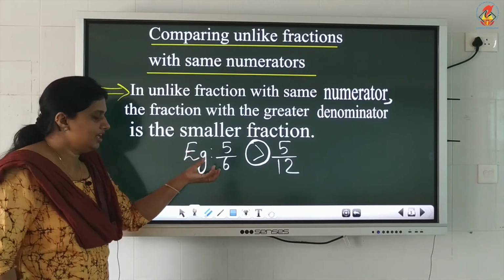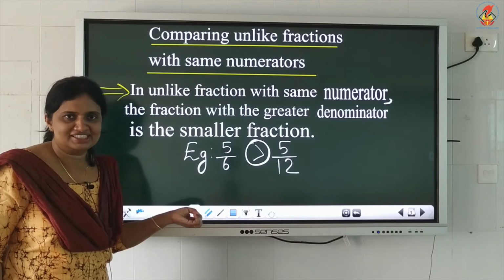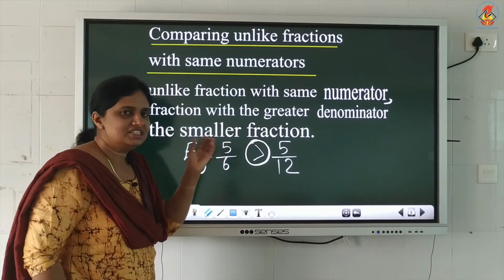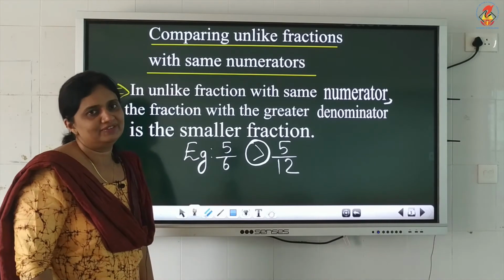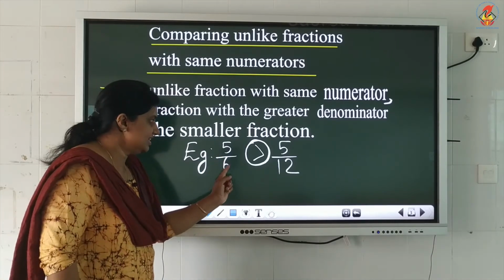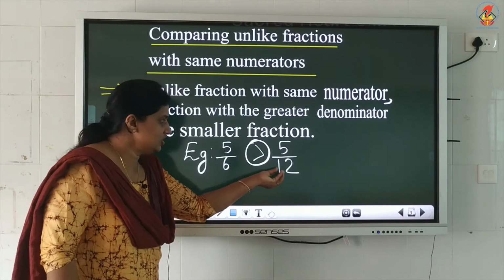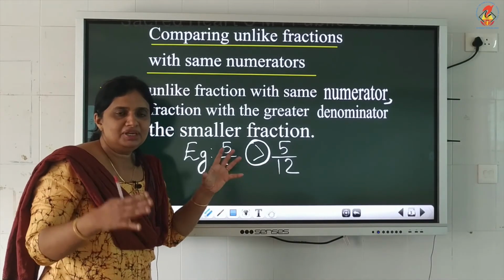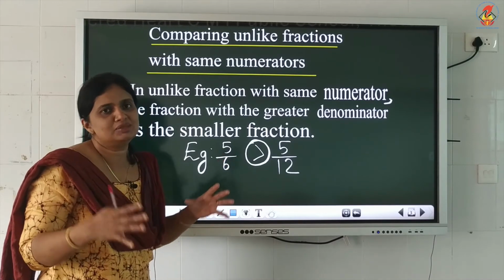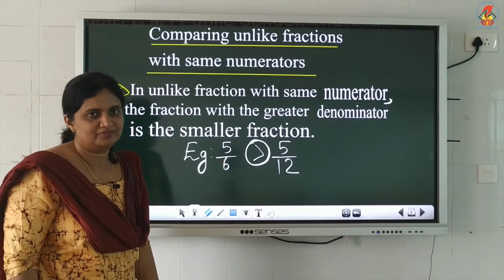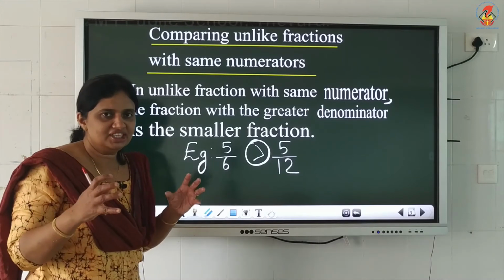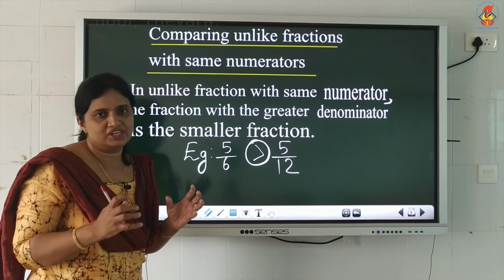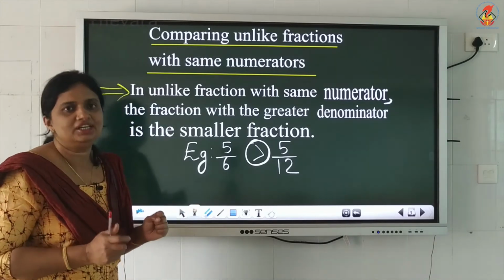We need to compare only the denominators, and the fraction with the greater denominator is the smallest fraction. Here we have 6 and 12. Which one is greater? 12 is the bigger number, so that fraction is the smallest fraction. Is it clear, children?